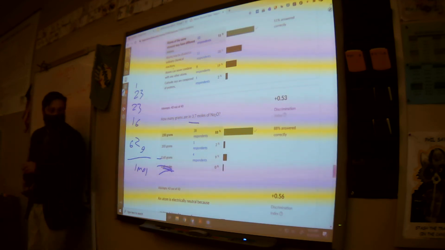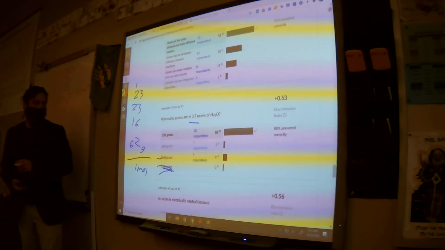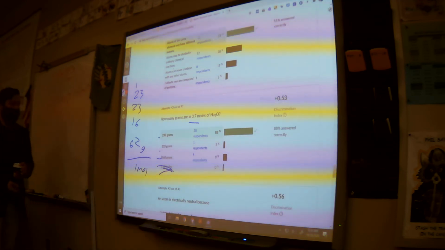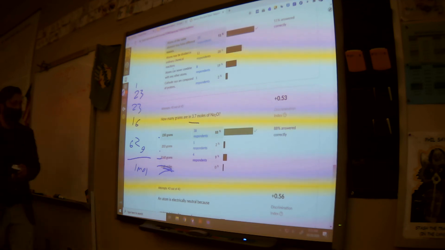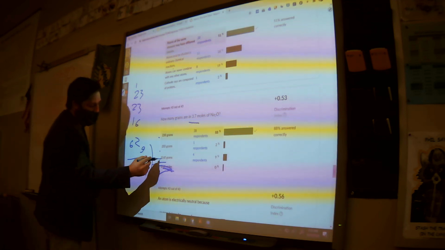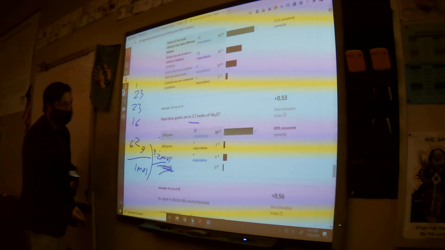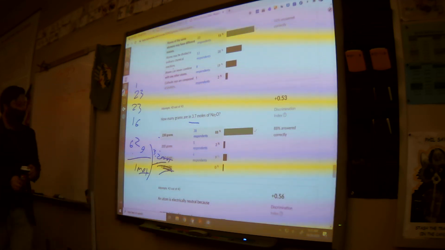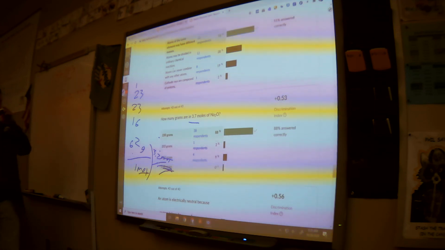So that many grams is not going to be right. Then you actually have to do a calculation. We need to get rid of moles, so the moles are going to be on top. 3.7 moles. For the moles to cancel, multiply. 62 times 3.7, 230.